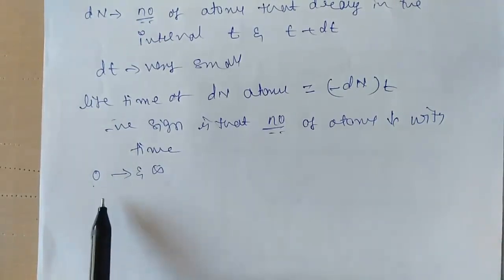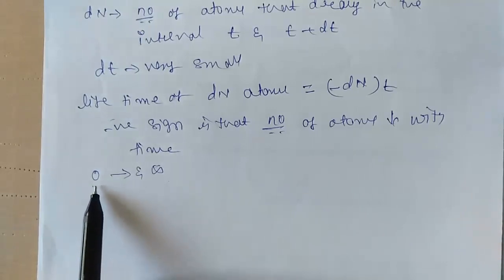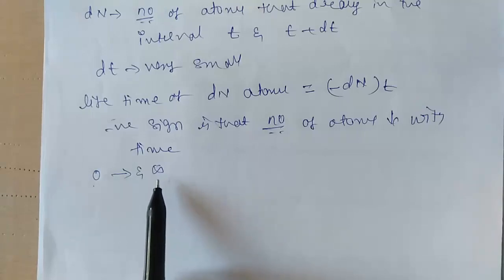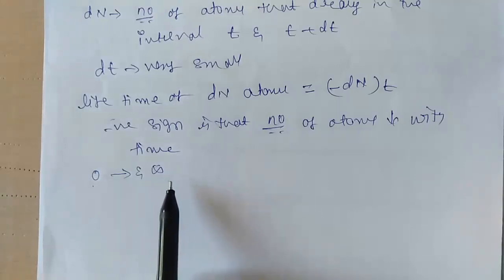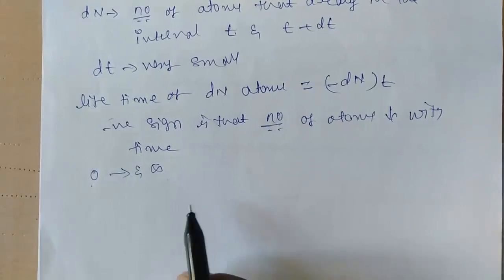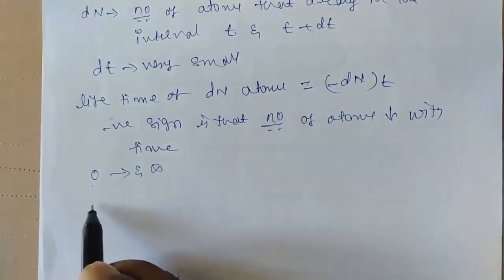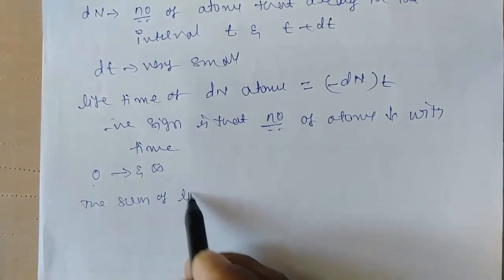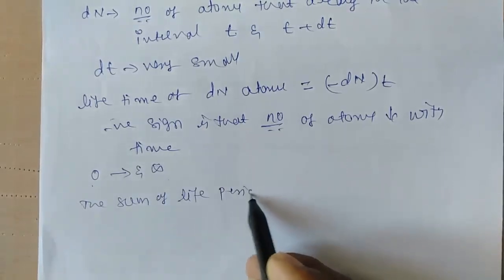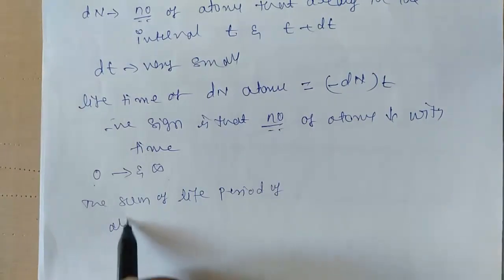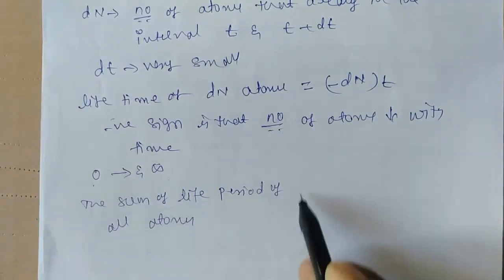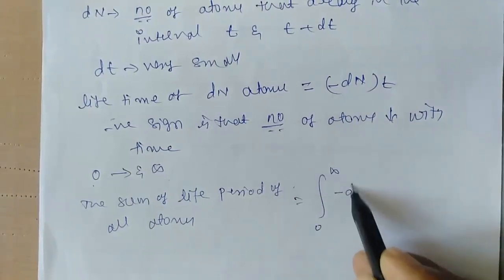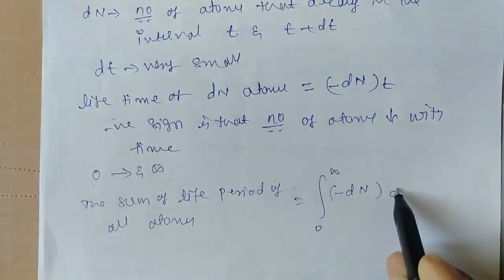So the sum of the lifetimes, or life periods, of all atoms can be written as the integration from 0 to infinity of minus dn into t.